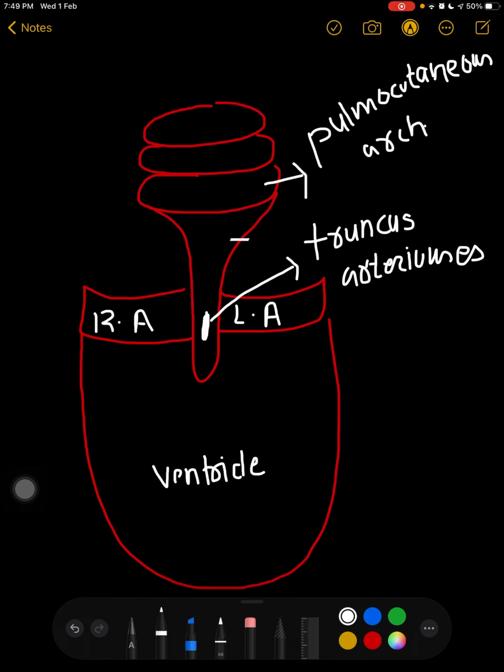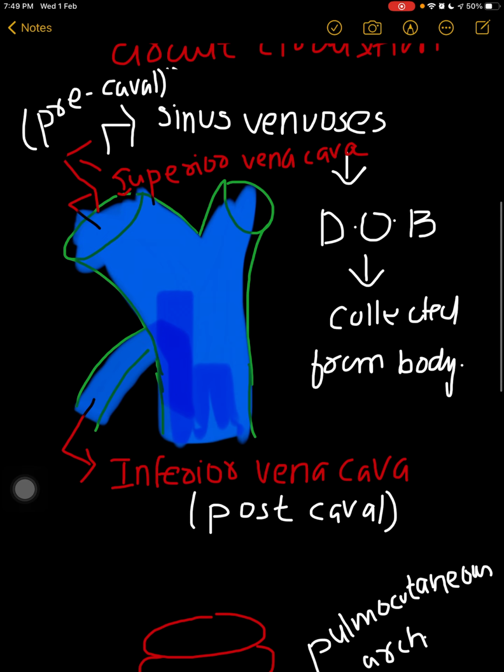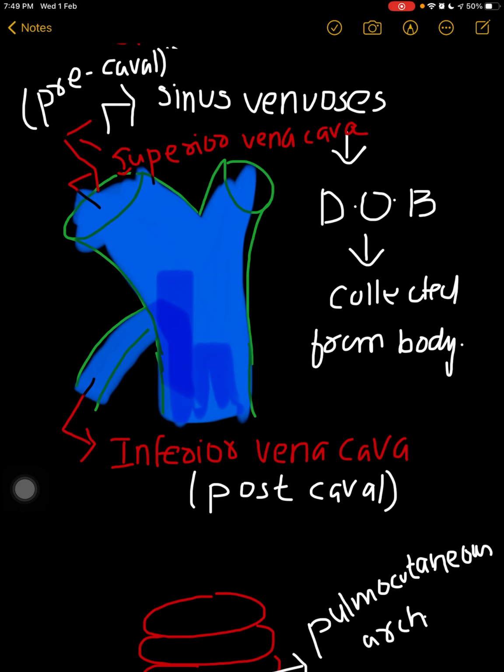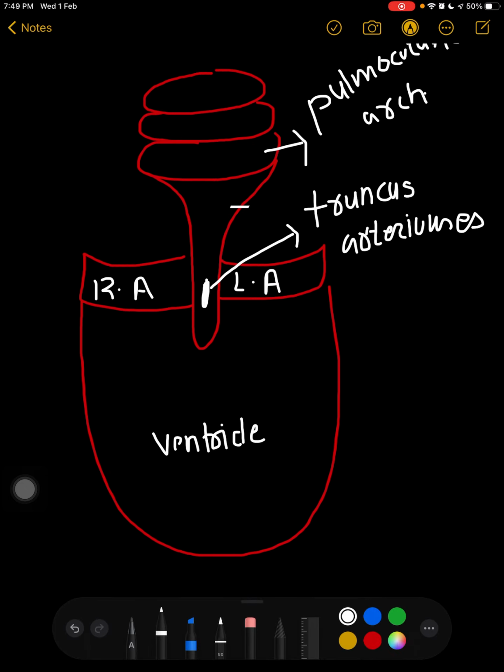Okay, basically what happens, as we know that the deoxygenated blood is collected from the inferior vena cava and superior vena cava. Basically this vena cava will drain the deoxygenated blood in the right atrium, right.